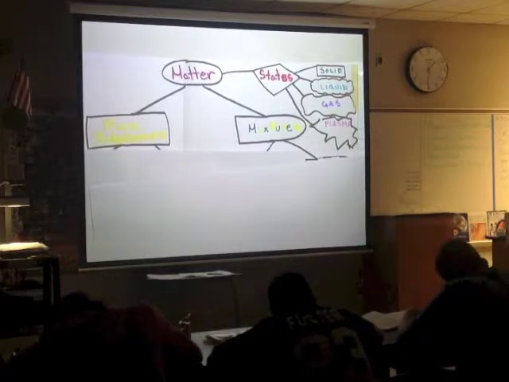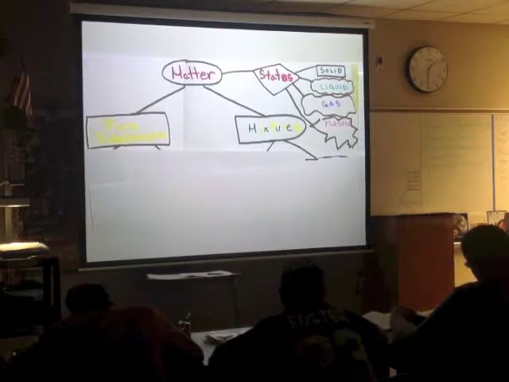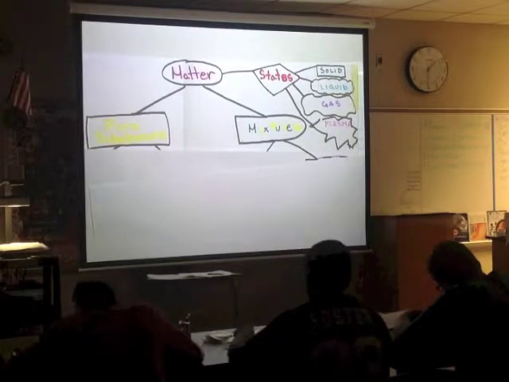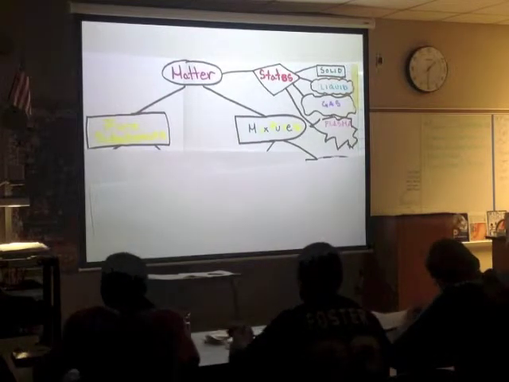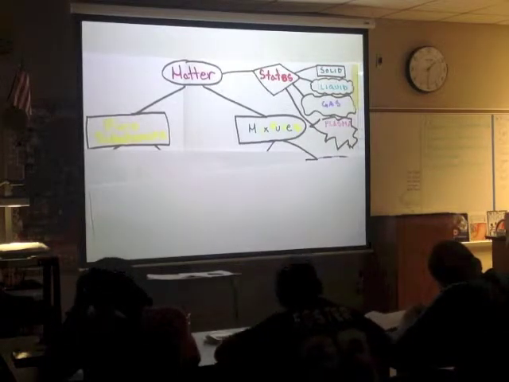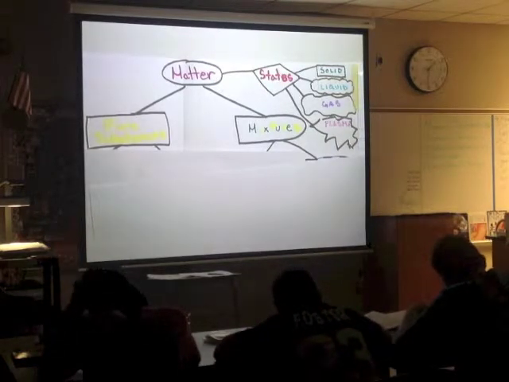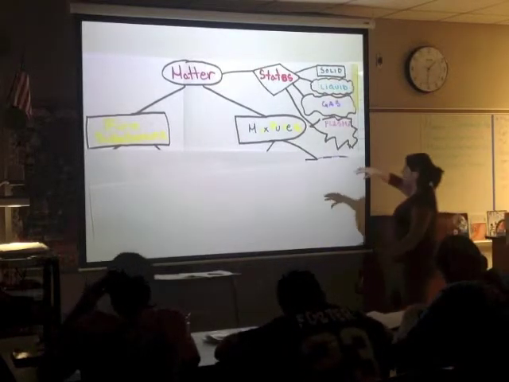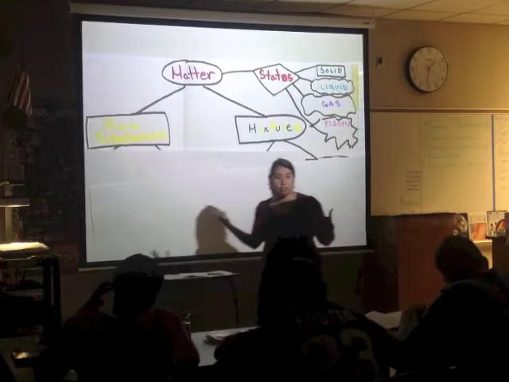Mixtures I wrote in several colors, right? What else is different? Okay, very good. So in pure substances, it's a regular rectangle. In mixtures, I have a rectangle sort of oval, right?